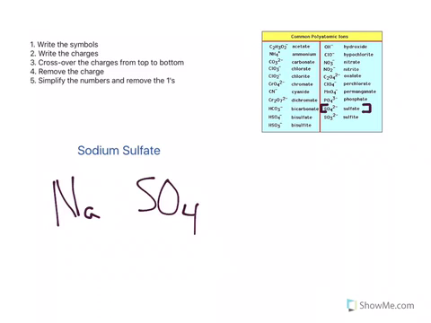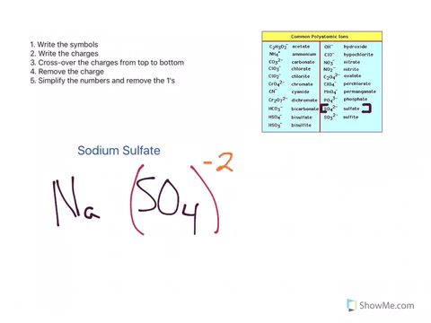Now I'm going to hold off on writing the charge. What is very important is that we keep in mind that we should have parentheses for these polyatomic ions. So let me write a parentheses, because I always want my charge on the outside.